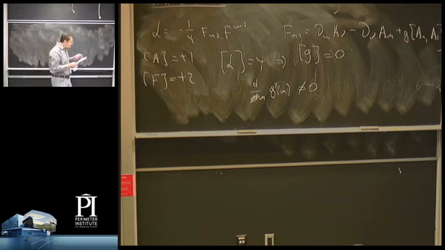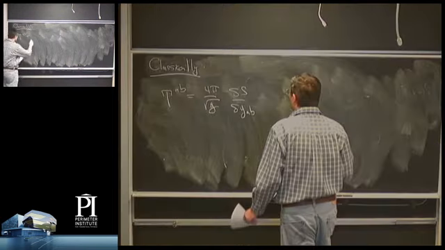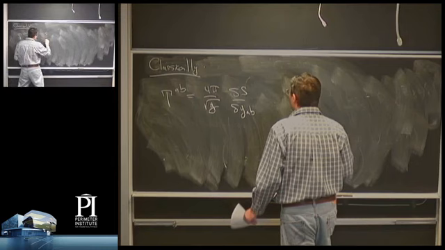So what we want to do, I have to apologize, some signs or factors I might be off, but hopefully not too much. Well, first of all, classically, what do we have? We have that the stress energy tensor is given by this expression, 4 pi over root g, and then the variation of the action with respect to the metric, delta g^{ab}.